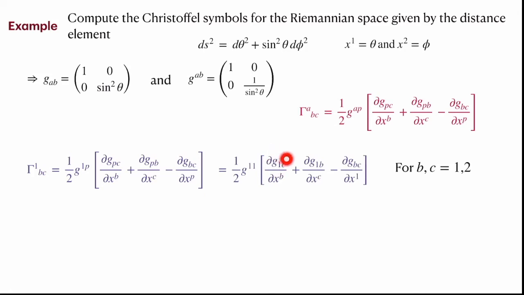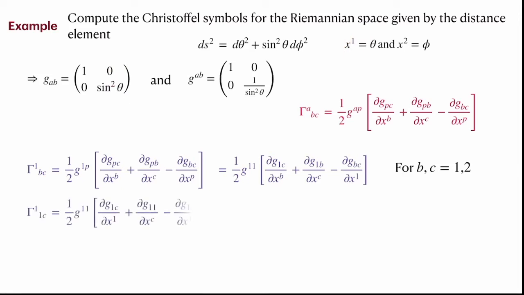That is, g1C differentiated with respect to xB, g1B differentiated with respect to xC, and gBC differentiated with respect to x1. But the first component x1 is θ, and the metric is dependent on θ, so we cannot further simplify this.